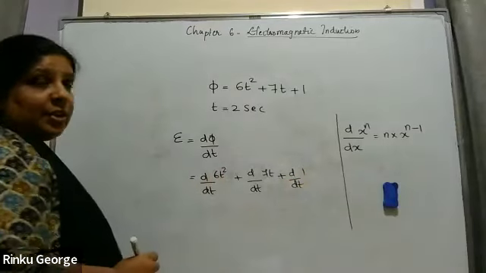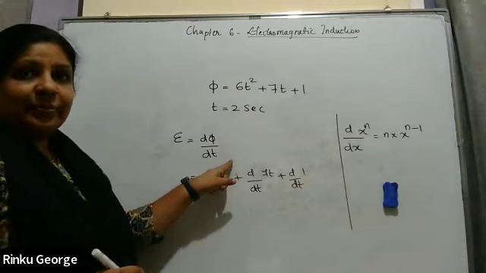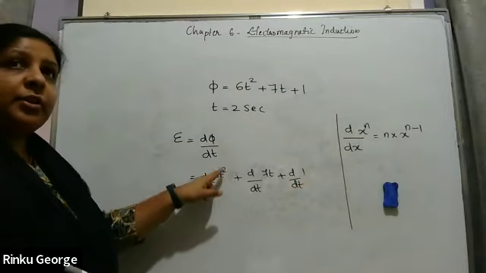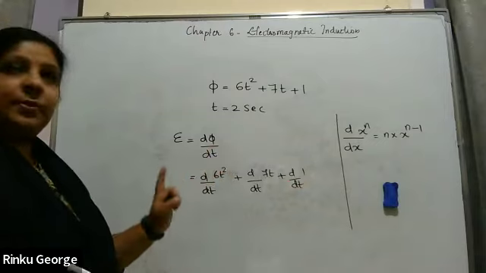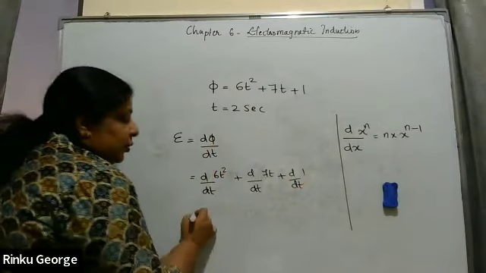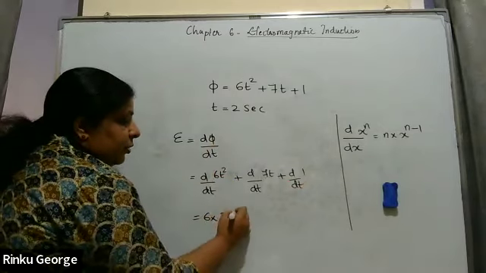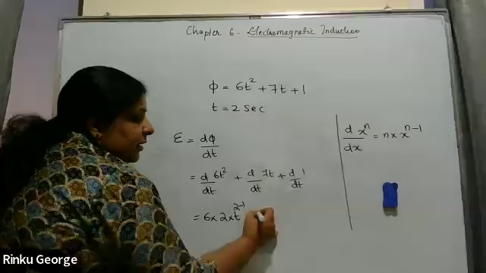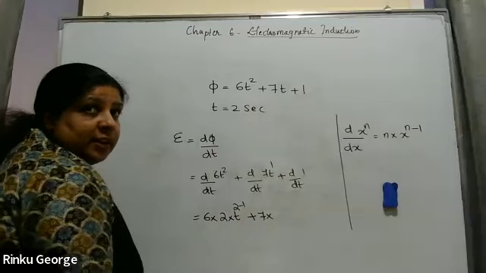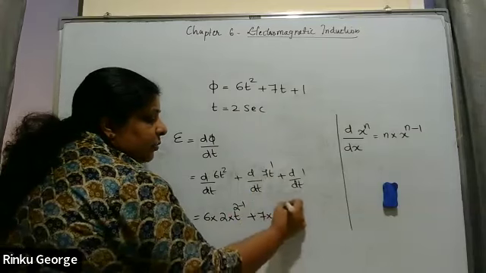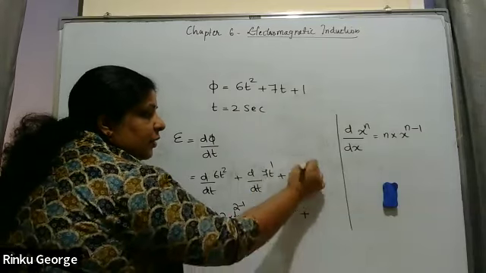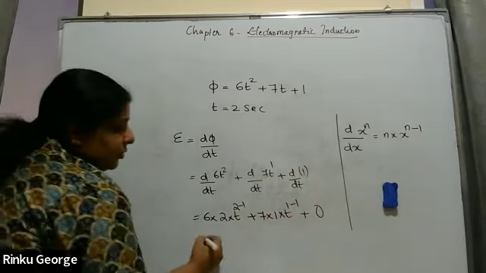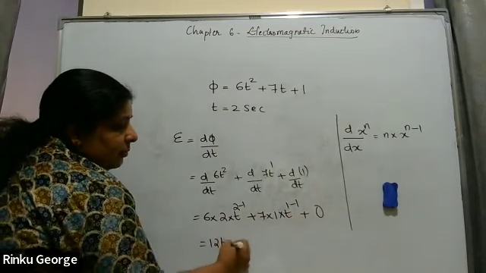Now 6t square is in the form x raised to n, so it will be 2 into t raised to 2 minus 1, into 6 will come. 6 into 2 into t raised to 2 minus 1, plus 7 into 1 into t raised to 1 minus 1, plus differential of a constant is 0. Differential of a constant is always 0. So it will be 12t plus 7.